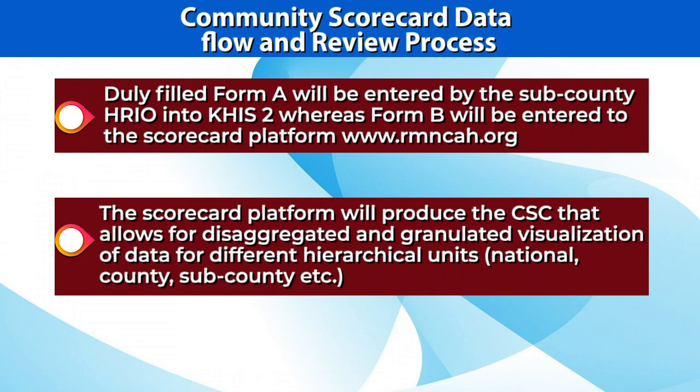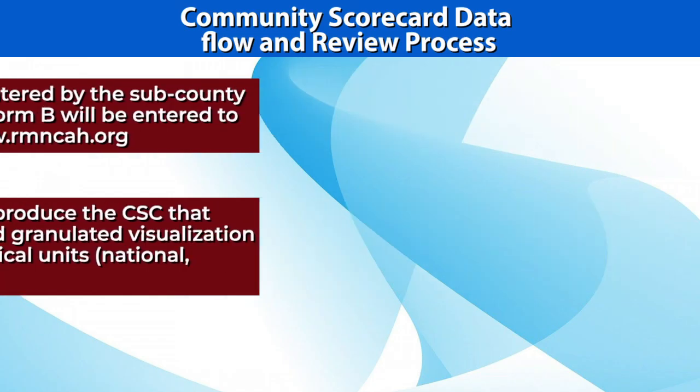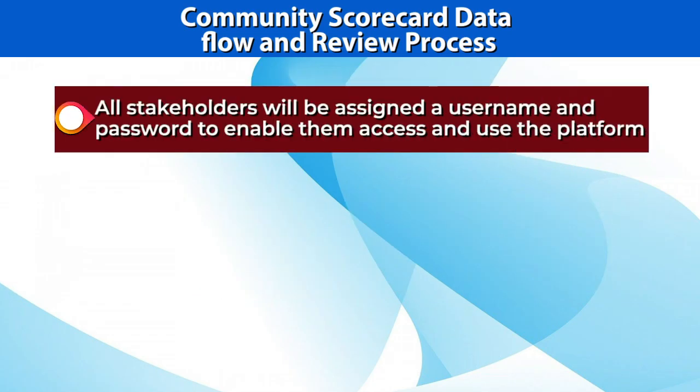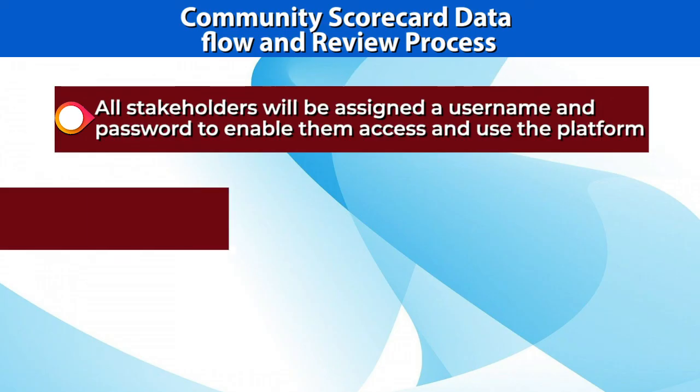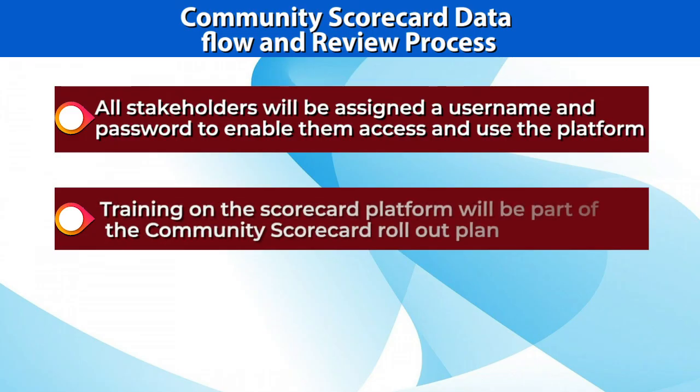The scorecard platform will produce the community scorecard that allows for disaggregated and granulated visualization of data for different hierarchical units: national, county, sub-county, and so on. All stakeholders will be assigned a username and password to enable them to access and use the platform. Training on the scorecard platform will be part of the community scorecard rollout plan.